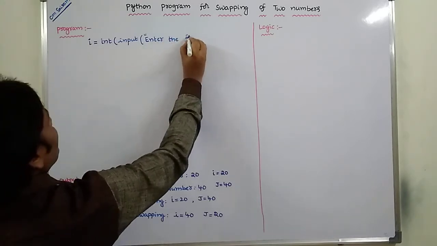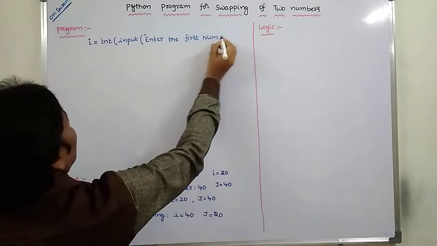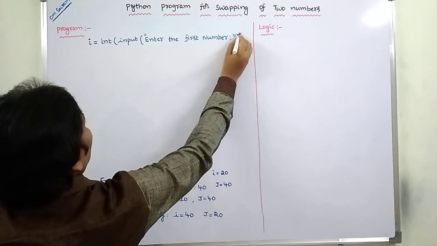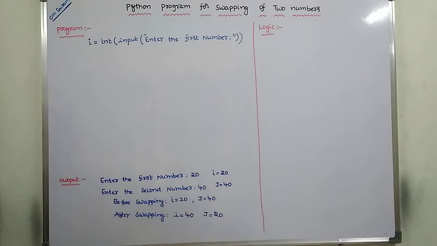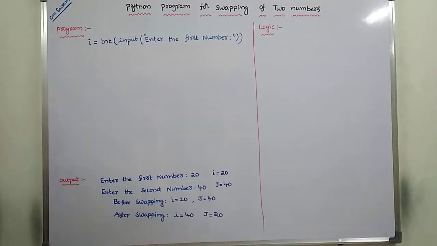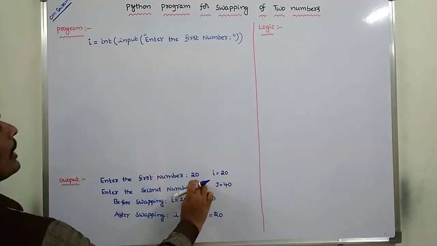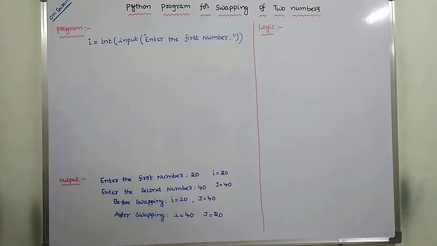Whatever number we have entered from the keyboard is assigned to I. I am entering the first number as 20. 20 is assigned to the variable I.